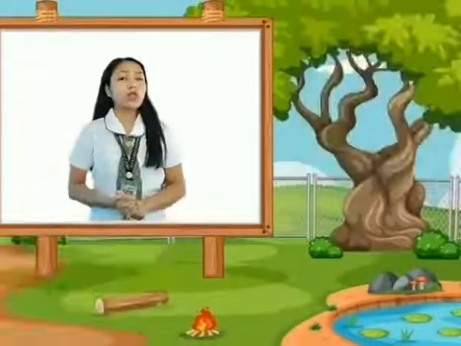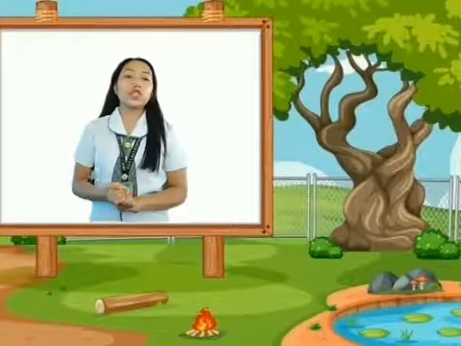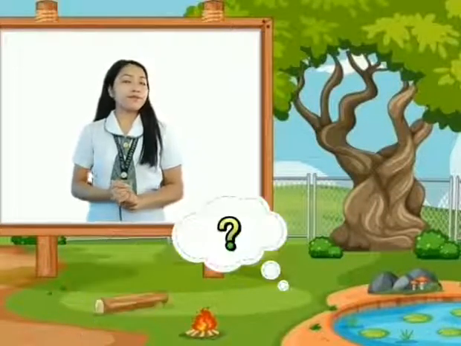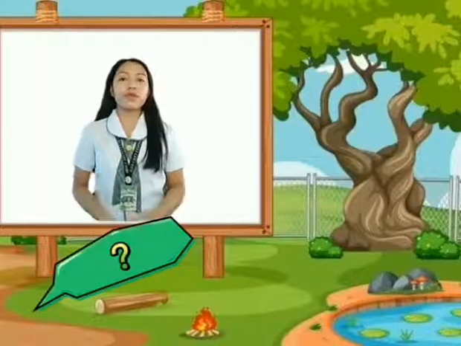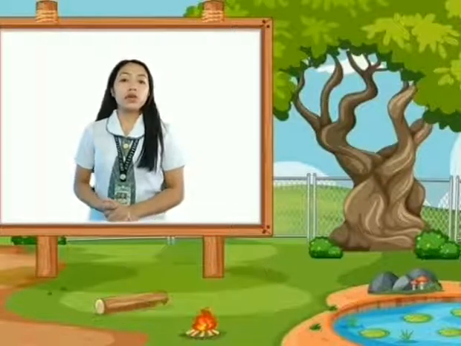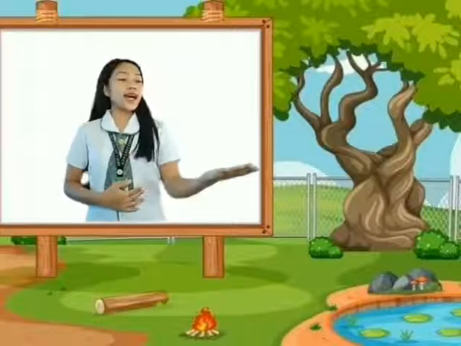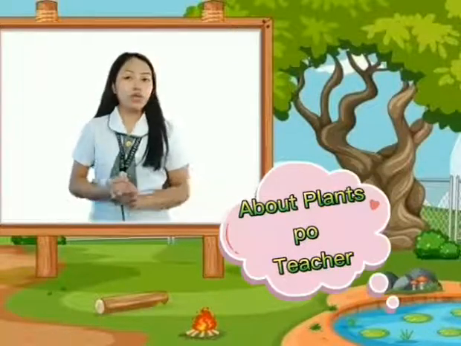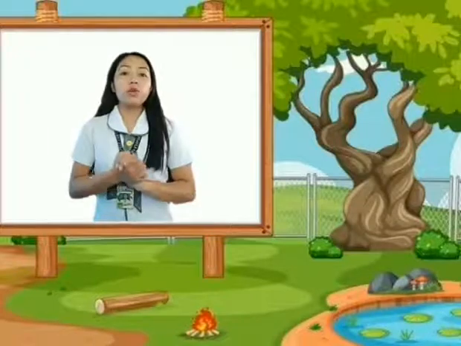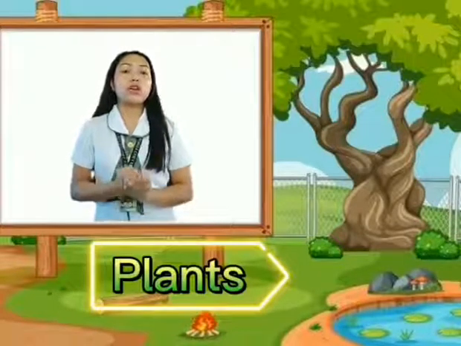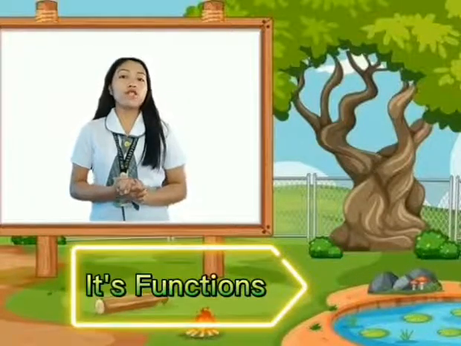What do you think are the words that you have formed? Any answers? Based on the activity, what do you think is our lesson for today? Yes, Cassie? Very good. Today, we will be learning about plants, their parts, and the functions of each.